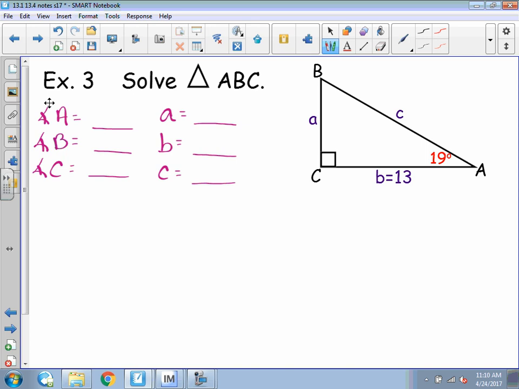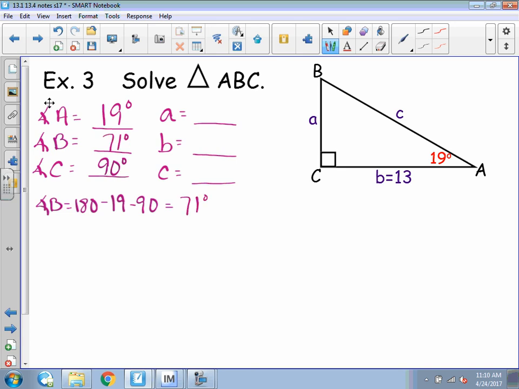What's angle A? They gave us that. What's angle C? They gave us that too. So to find angle B, add those up and subtract from 180. Which is 71 degrees.